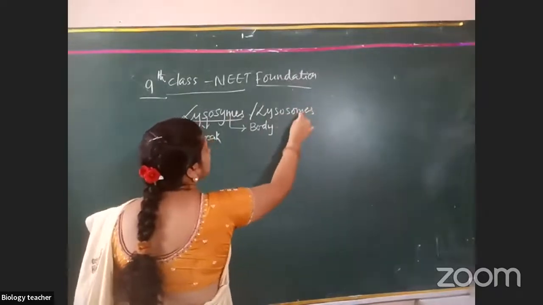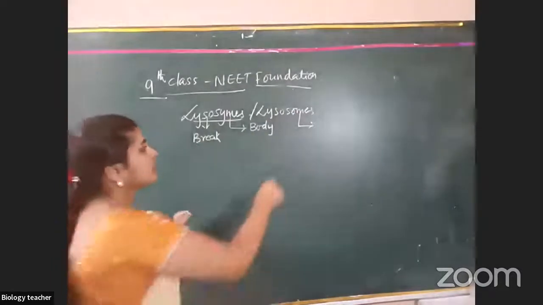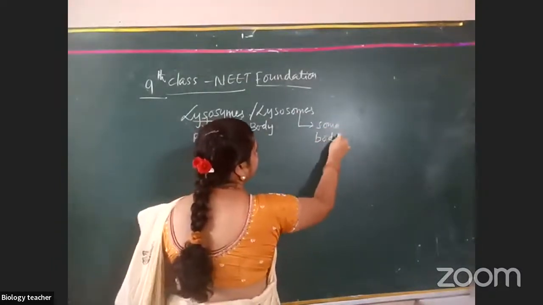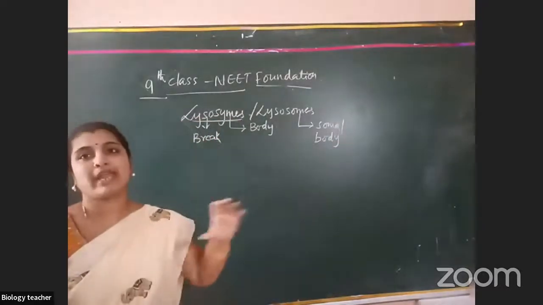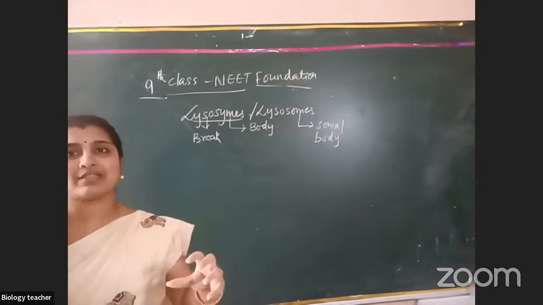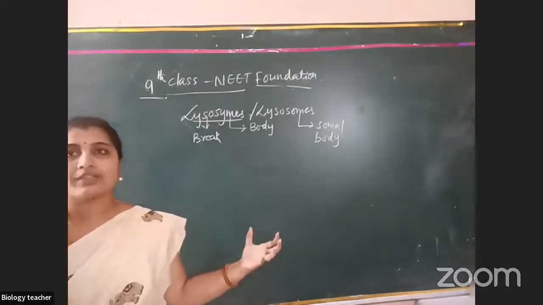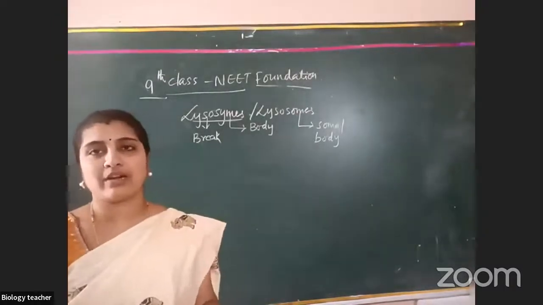Soma means body. Lyso means break. Wherever you see lys or lysis, you can say that it is break. So they break their own body. Suicidal bags, you have studied, right?